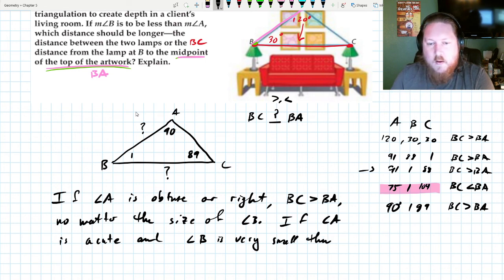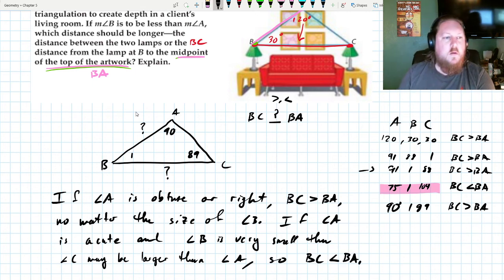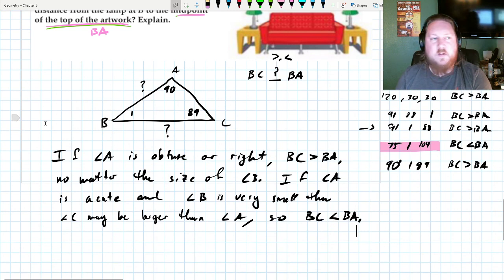Then angle C may be larger than angle A, so BC would be less than BA. There we go. I think we've covered all the scenarios there.